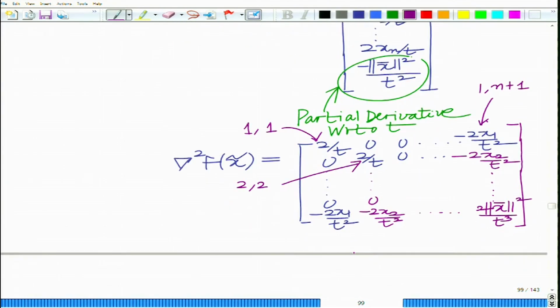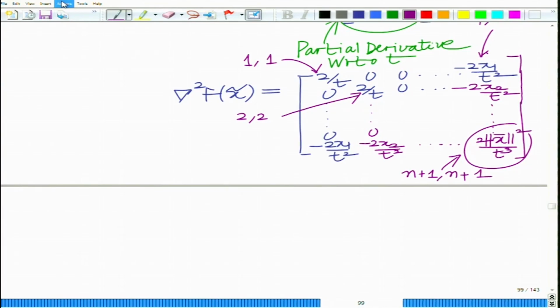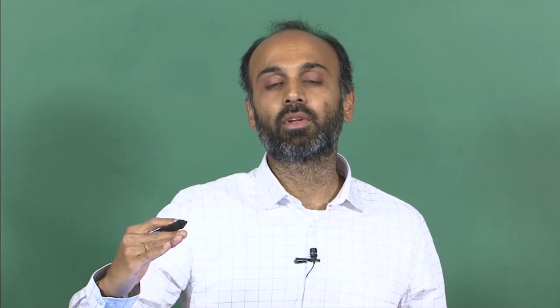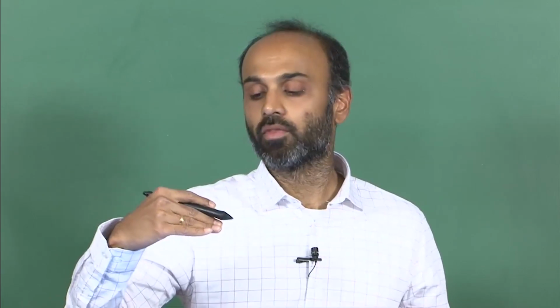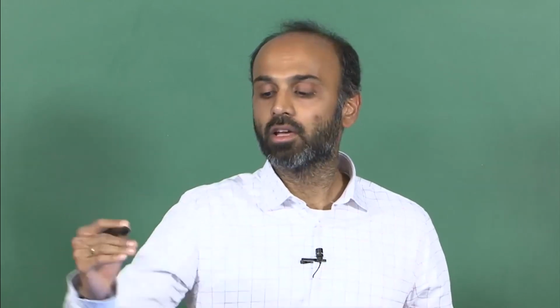And this last element is your n plus 1 comma n plus 1 element. So, it has an interesting structure. The first n diagonal elements are all 2 over t, the n plus 1 comma n plus 1th element is 2 norm x bar square divided by t cube, and along the last row and the last column you have entries of the form minus 2 xi over t square. So, that is the structure of the Hessian.